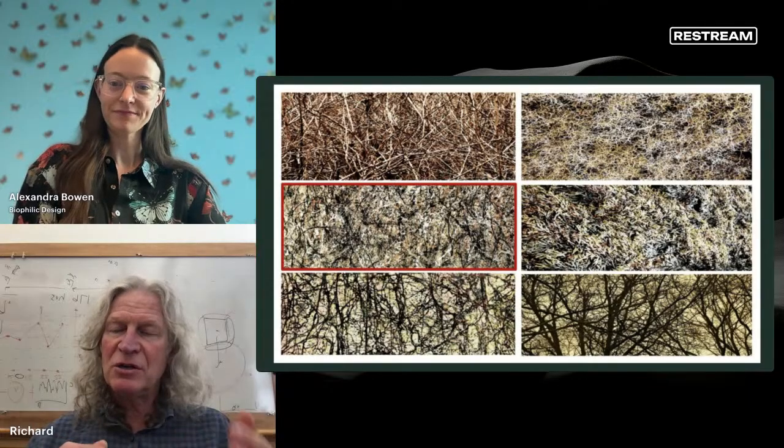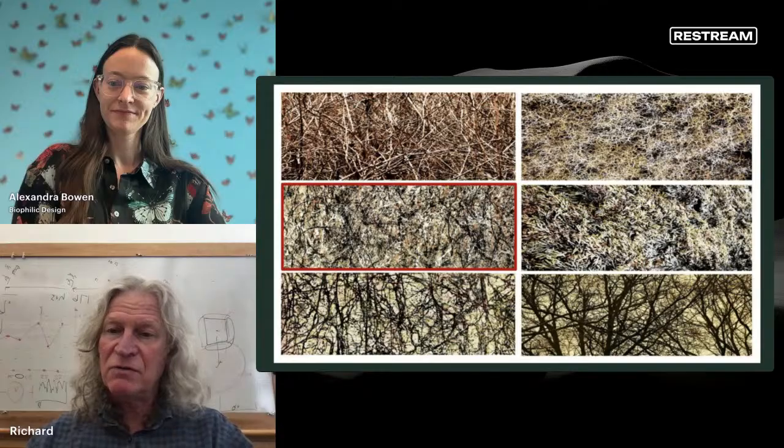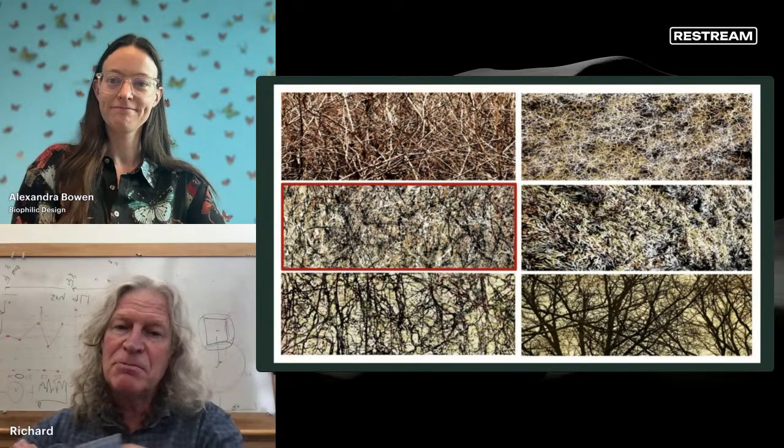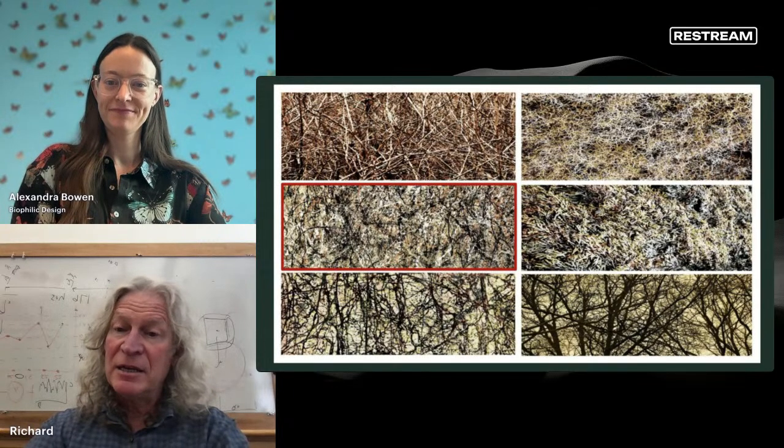So on an unconscious level, we're built to recognize that sort of texture. And I think you can sense by looking at those that they've all got a similar aesthetic quality. What's driving that is the statistical fractal.